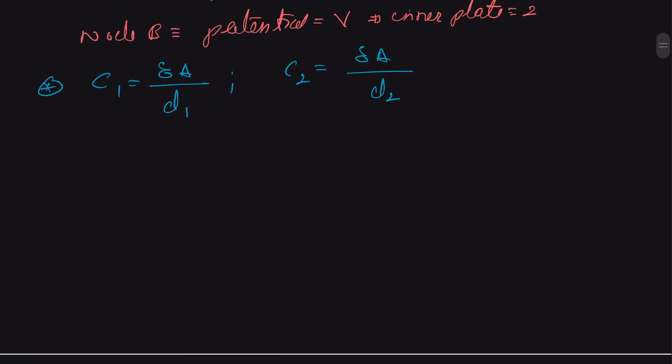So we can say Q1 will be equal to C1 times V, which will be nothing but our charge density multiplied by our area. And similarly we can write our Q2, and this will be our C2 times V, and that will be a charge density multiplied by our A.